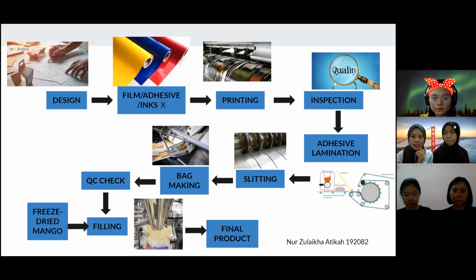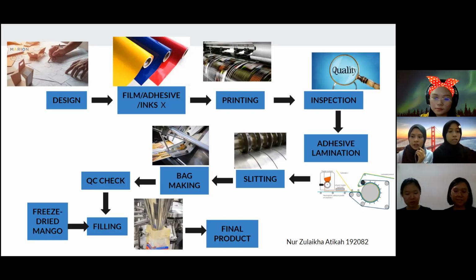The gusset, as Shin explained just now, is something that will make the pouch stand up. And then we will put the zipper, as our packaging is a zip seal packaging.